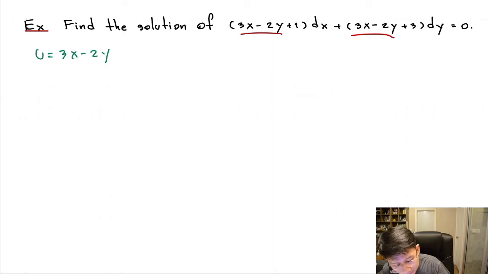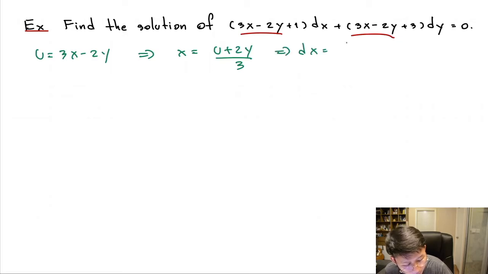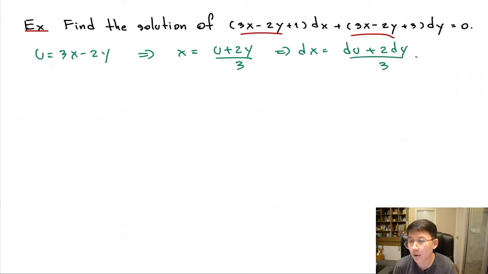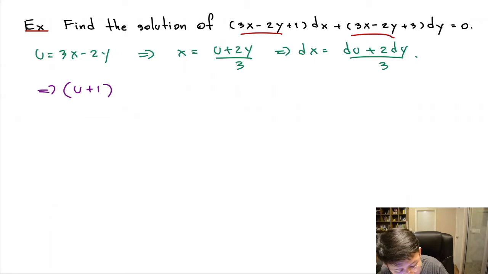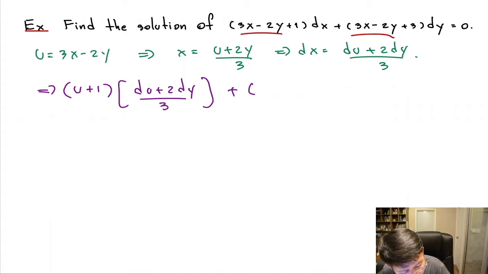So, I know that x is u plus 2y divided by 3. So, dx is du plus 2 dy divided by 3. Okay. So, in that case, the equation turns to be u plus 1 dx, which is du plus 2 dy divided by 3, plus u plus 3 dy equals 0.